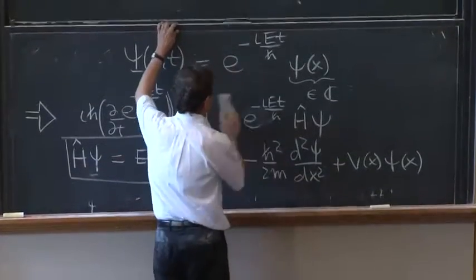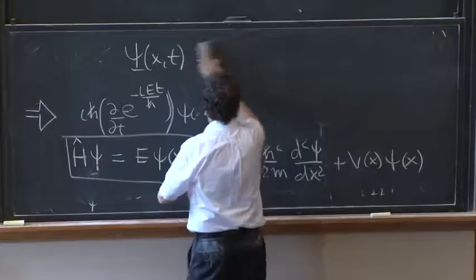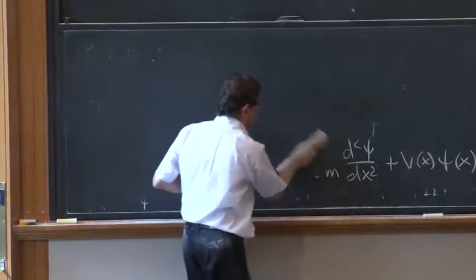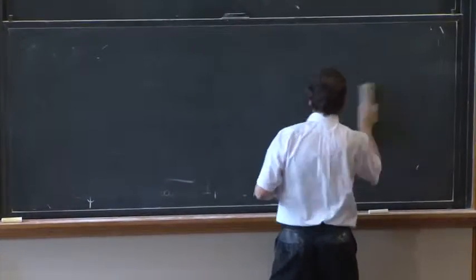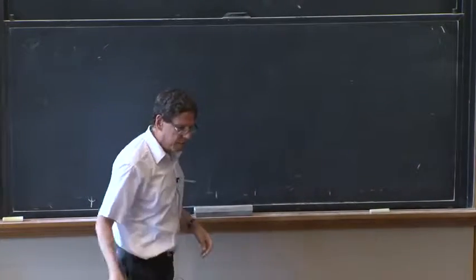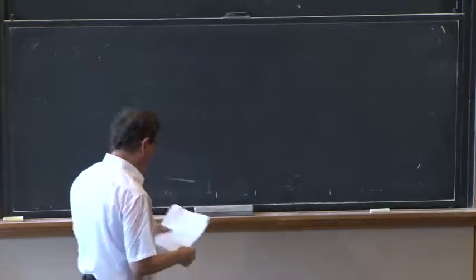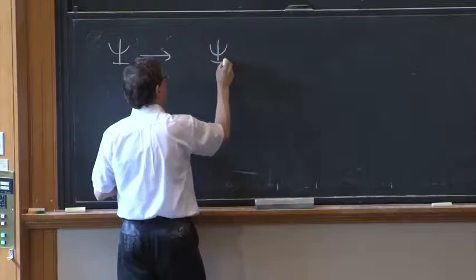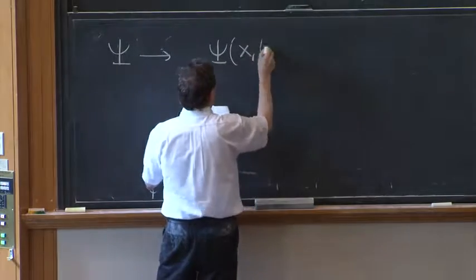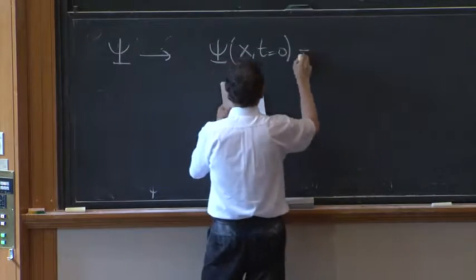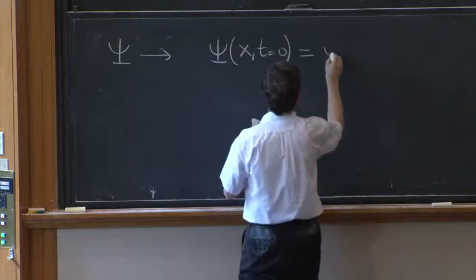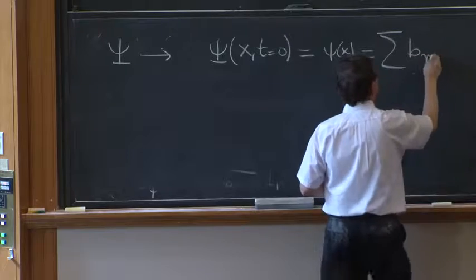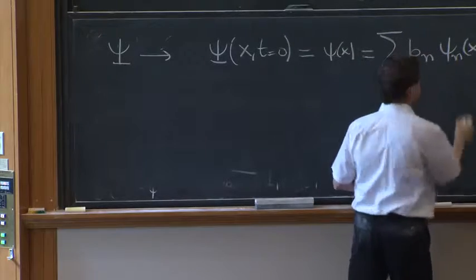Suppose you're given a wave function that at a given time, you know what it looks like. So here is your wave function, psi, and you know that psi at x and time equals 0 happens to be equal to this psi of x that we wrote above. So it's equal to the sum of Bn psi n of x.